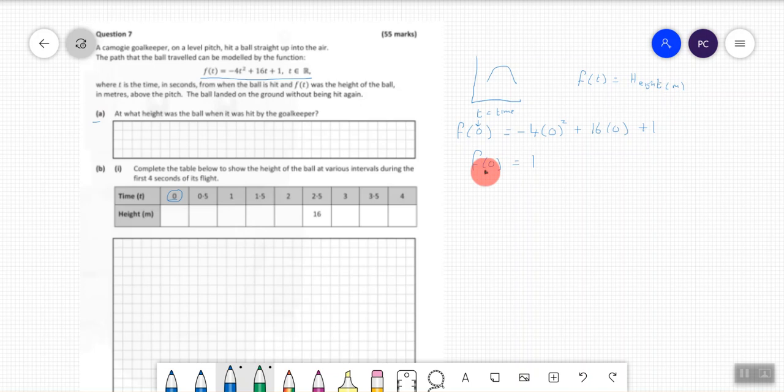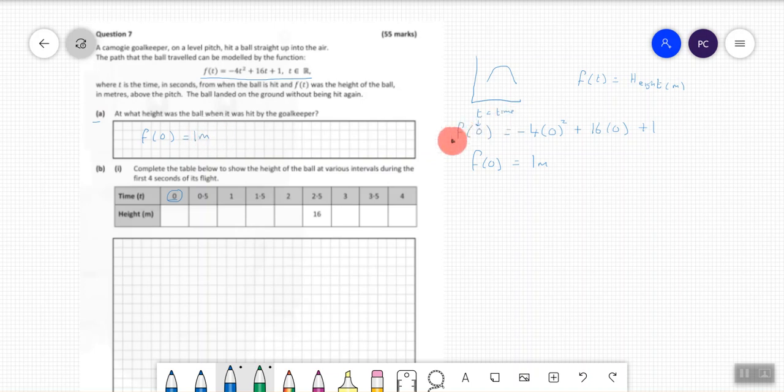So what we can say is that the ball at time 0 was 1 meter. Okay, so f(0) is equal to 1 meter. That would be the answer to the first one.